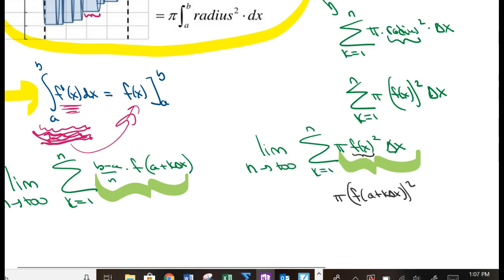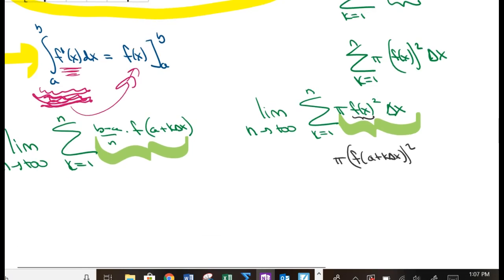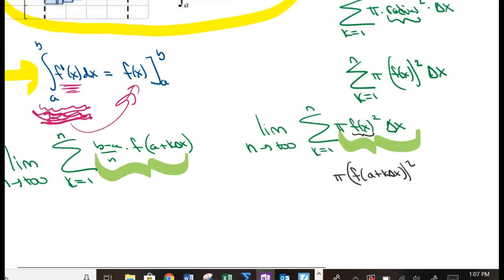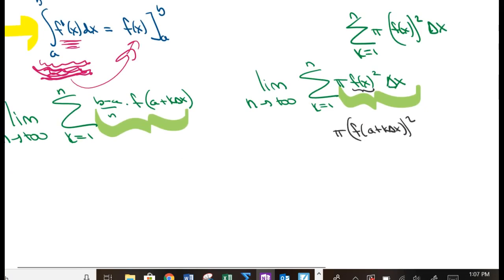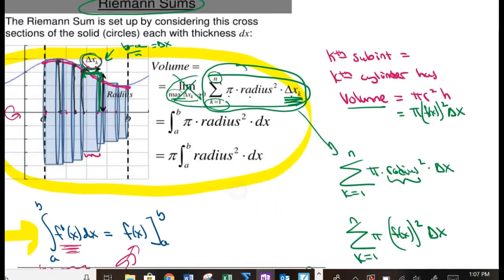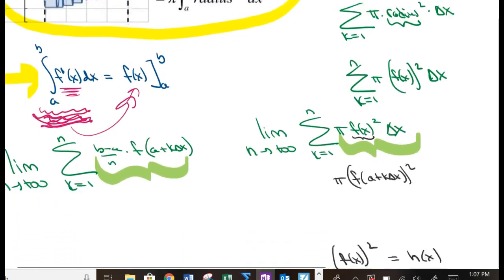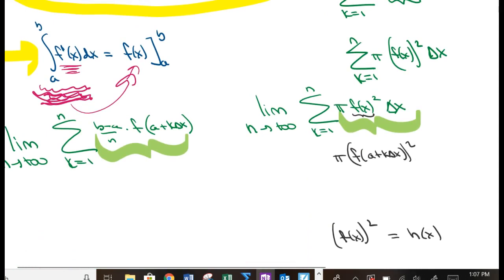Now, here's something I want to share with you. Let's say f of x is the radius, but really f of x squared is just going to be some other function squared. In fact, I'll call it the function h. So let's just call h of x the radius squared function, or h of x is just f of x squared.